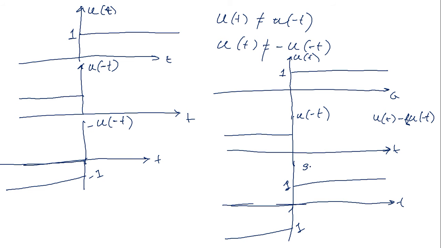This signal is signum of t, because the value is 1 for t greater than 0, and minus 1 for t less than 0. Signum is a specific signal.